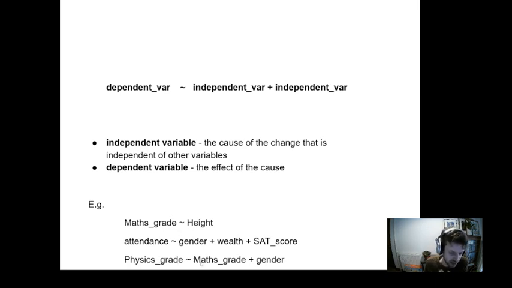Or we could have physics grade given the maths grade and the gender. And again, we're going to control for the maths grade. So hypothetically, we're looking at a student that's got the same maths grade as another student, and then we're going to see if gender actually impacts the grade. If we control for maths grade, what does gender do in terms of predicting our physics grade? We're going to be looking at some of these examples very soon.